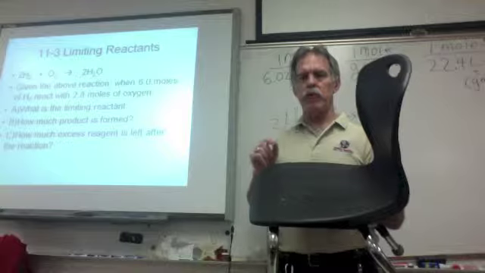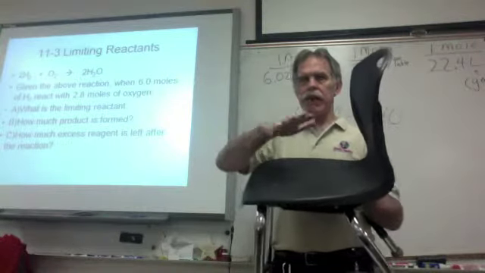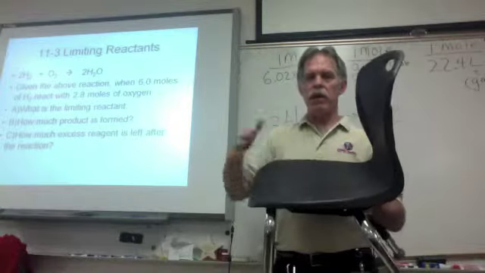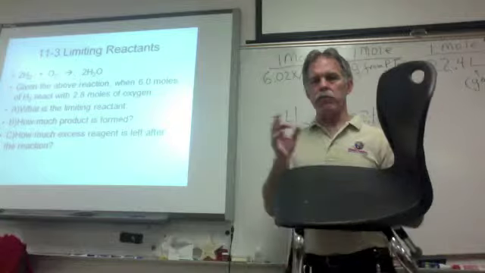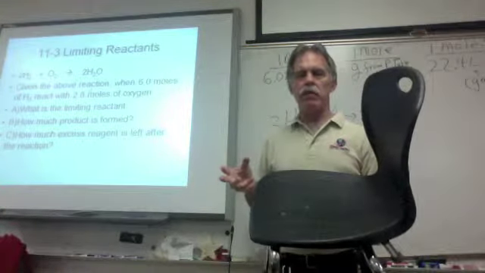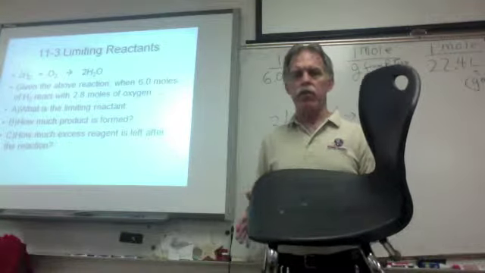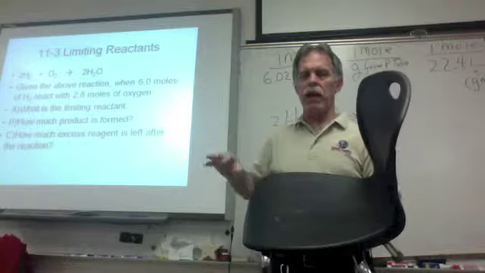Some problems will say the other reactant is there in excess. Let's say we had 1,000 of these plastic parts and 8 legs. The problem so far would just say, we have 8 legs, how many chairs can we build? Well, that would be 2 chairs because there are 4 legs in each chair. We don't worry about the plastic part. They're just assuming we have plenty.